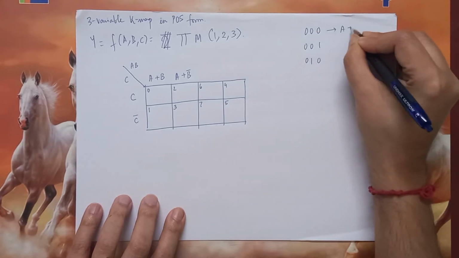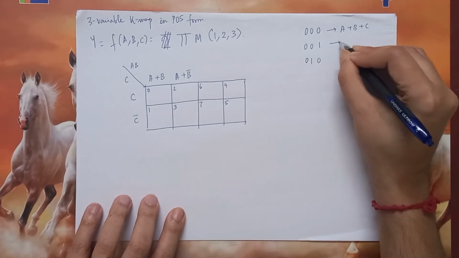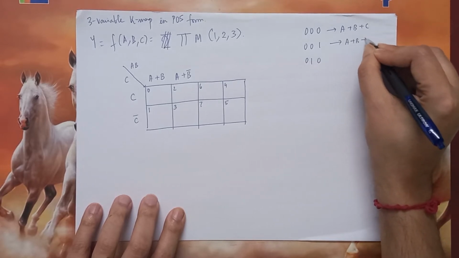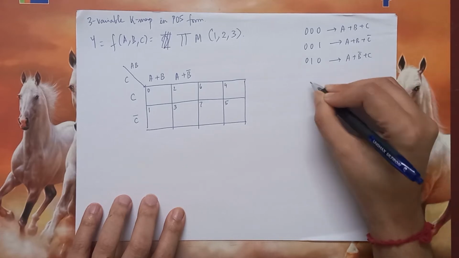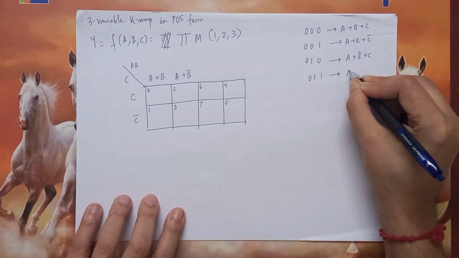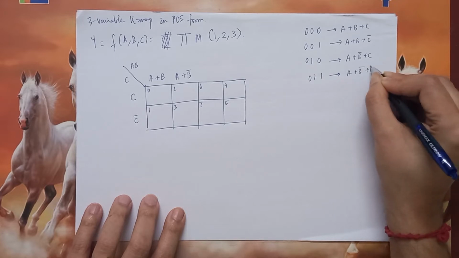Likewise 0, 1, 1 will be A plus B bar plus C bar.